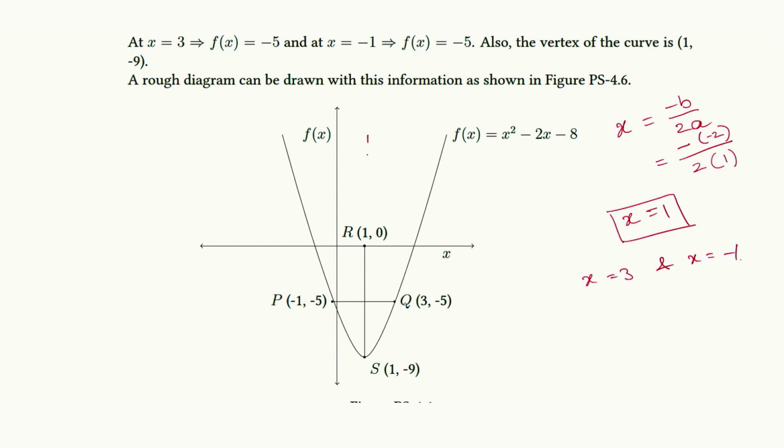See, this is x is equal to 1 and 2 units away from this will be x is equal to 3, that is 1 plus 2 which gives us 3, and 1 minus 2 which gives us minus 1. This will be another line. So as P and Q are 2 units away and on the curve, these will be the P and Q.